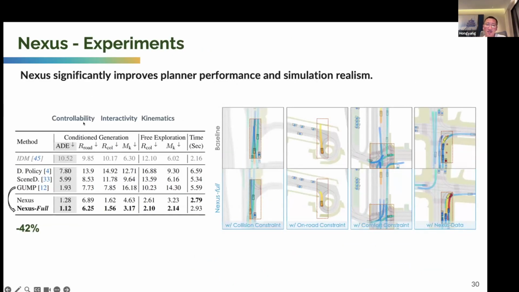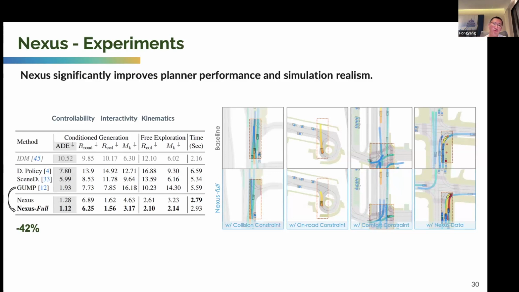So we can see Nexus significantly improves planner performance and also the simulation realism in terms of ADE or other metrics in the motion prediction part. So Nexus full means the whole experiments are done on the nuPlan datasets, and also we specifically generate a lot more training data that deals with safety-concerned properties.